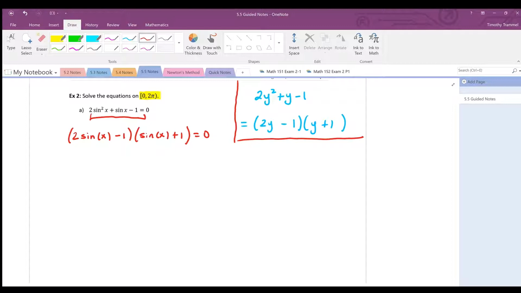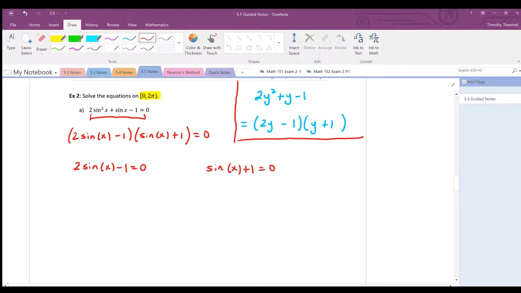The answer is factoring, because something really nice happens here. When you have a product of 2 things and they're equal to 0, then the solution to that equation is if we can just find where either one of those factors is equal to 0.